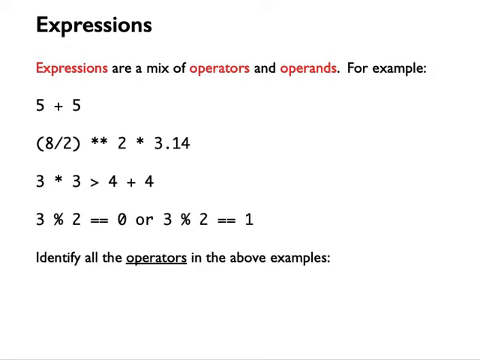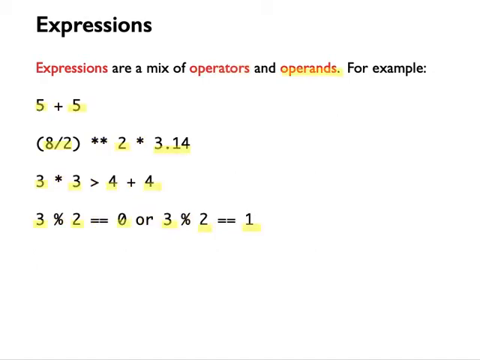In an expression, there are operators and there are operands. Operators are those things that we just saw in that review exercise, right? So that would be like the plus, the star, the greater than, the or, the equals. Those are operators. That means that the operands are the other values.